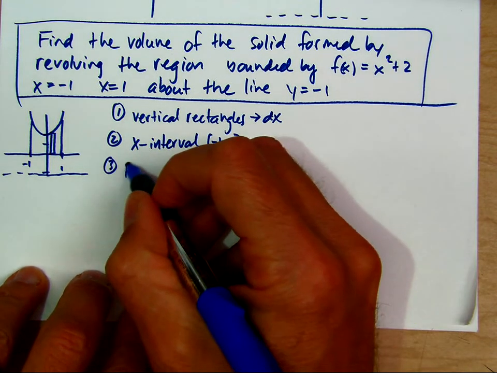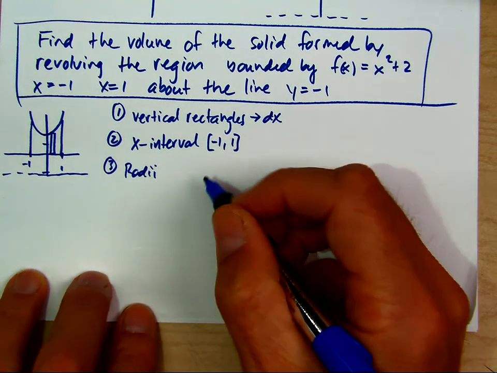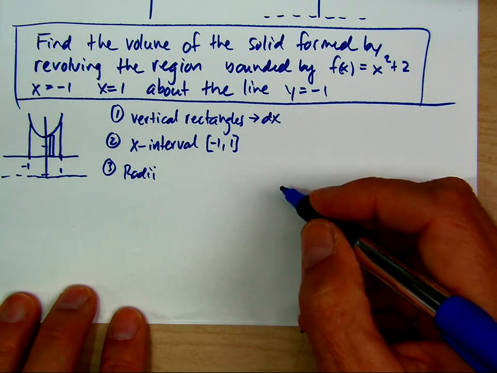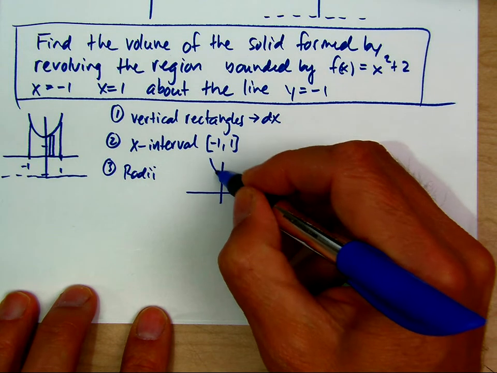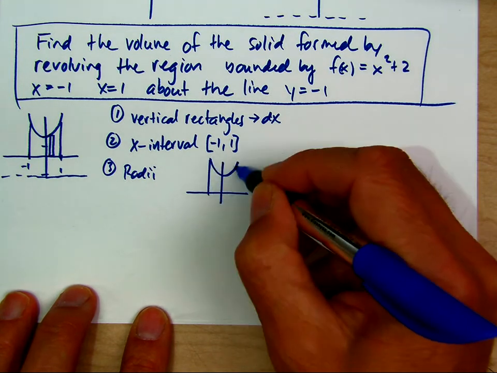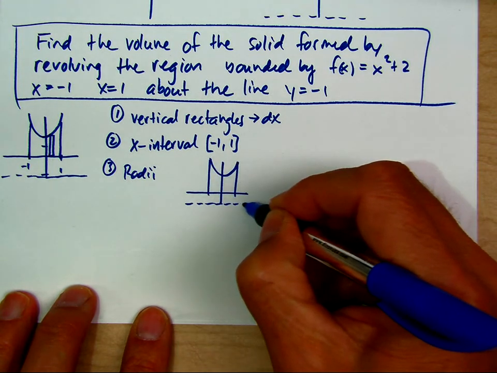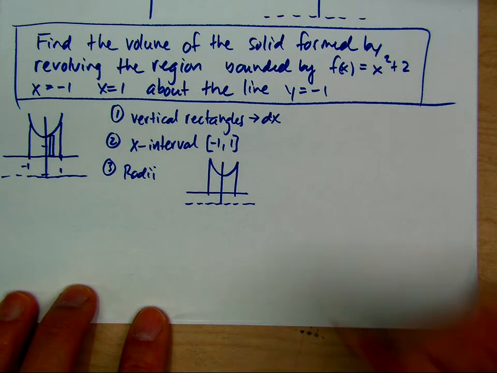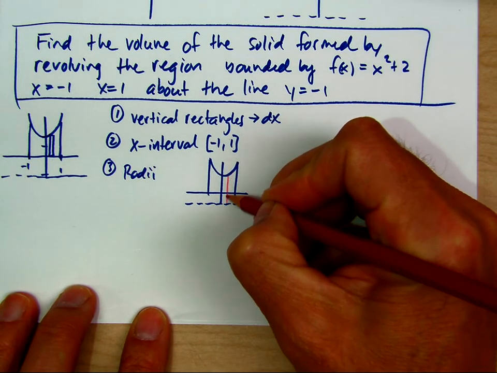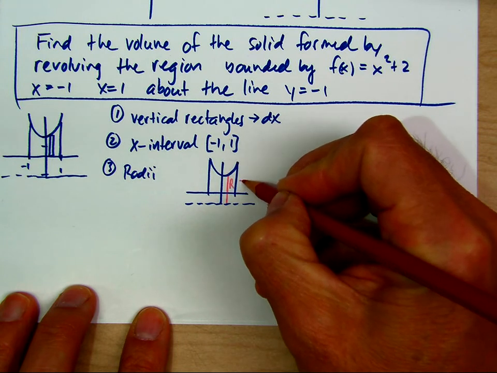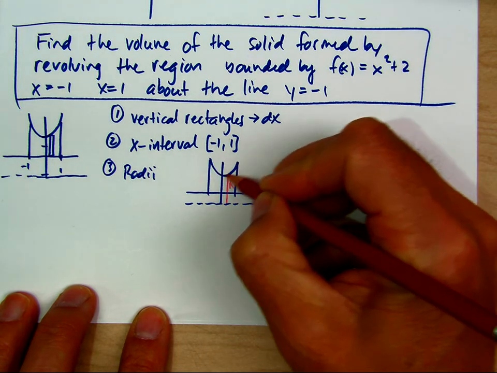Alright, let's find the radii. We would start from the axis and go to the furthest part of the region, and that will be capital R. Capital R is top minus bottom.